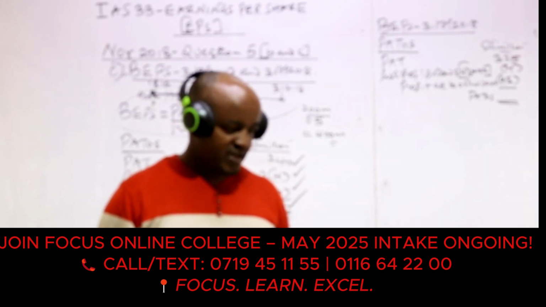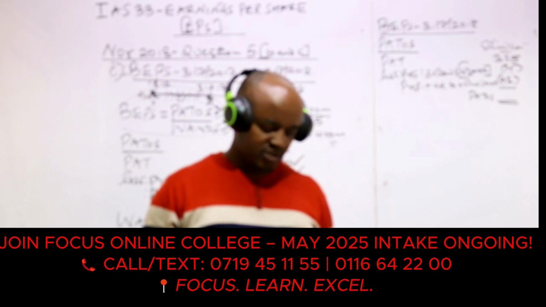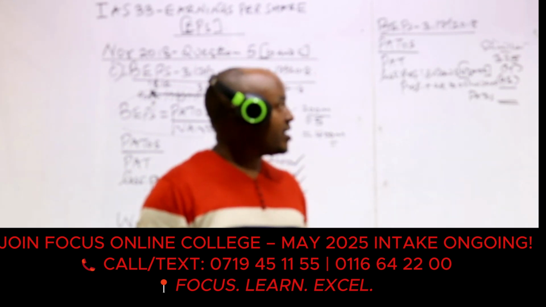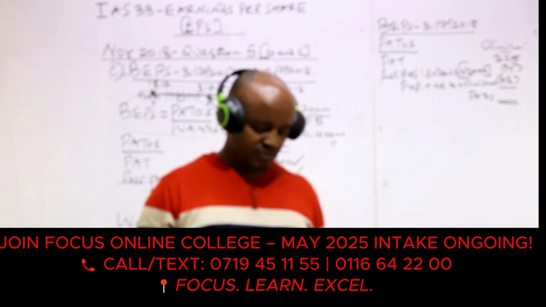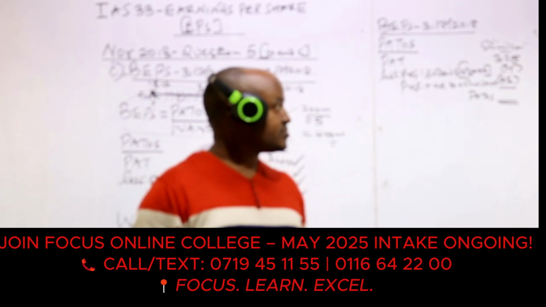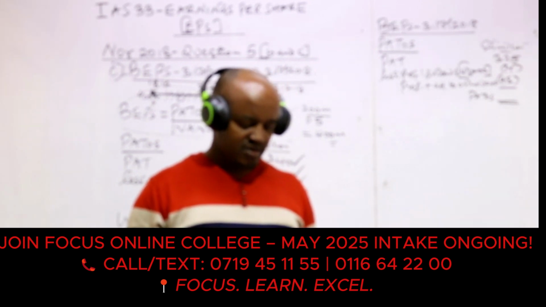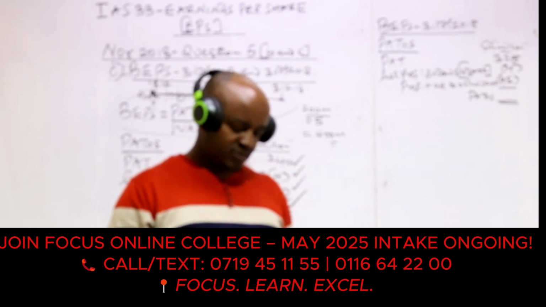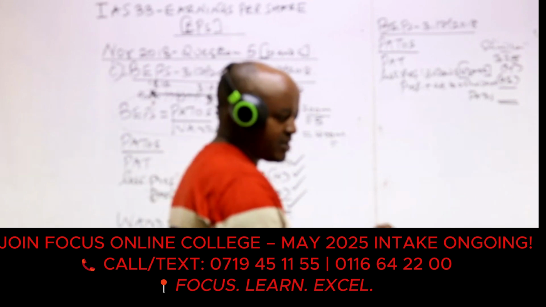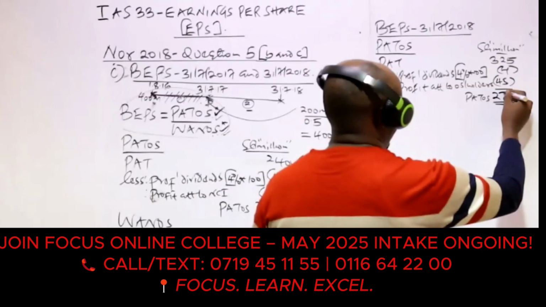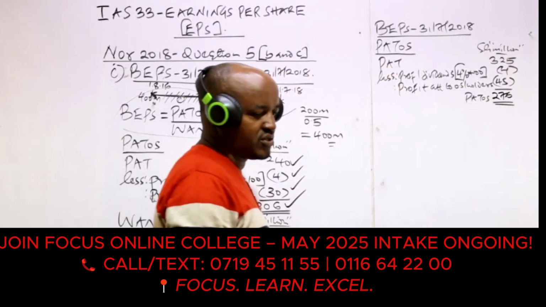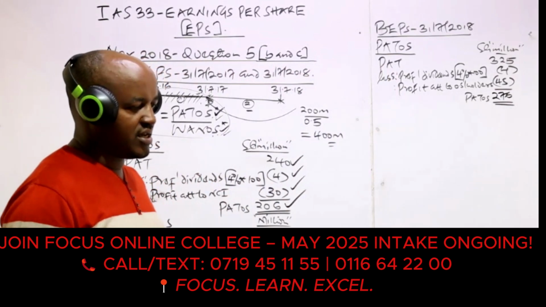So this will be a figure of what? 325 minus 4 minus 45. So that will give us a figure of 276. So that is the PATOS.